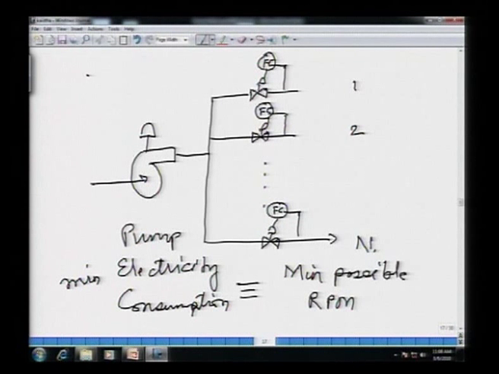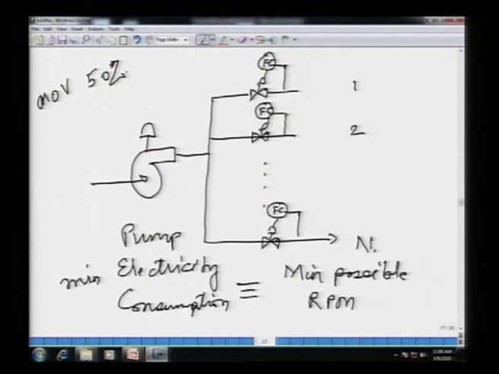Okay. Now, how do I decide whether the RPM is minimum or not? Well, to decide that, let us say the pump is operating at a certain RPM, there are certain flow set points for process 1, process 2, process n, and each of these valves will have a certain opening. Let us say the most open valve (MOV) is 50% open, the other valves are less than 50% open, let us say 20%, 30%.